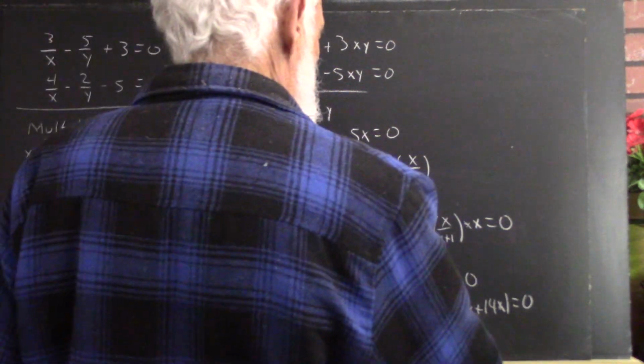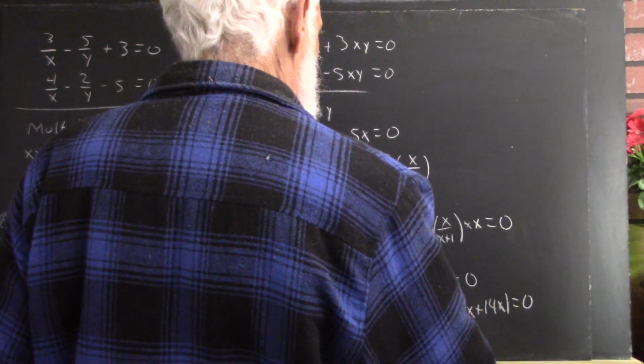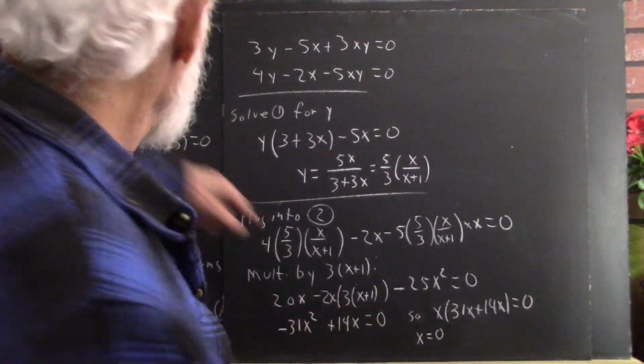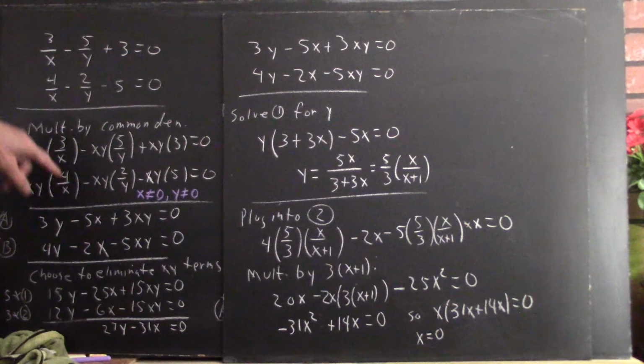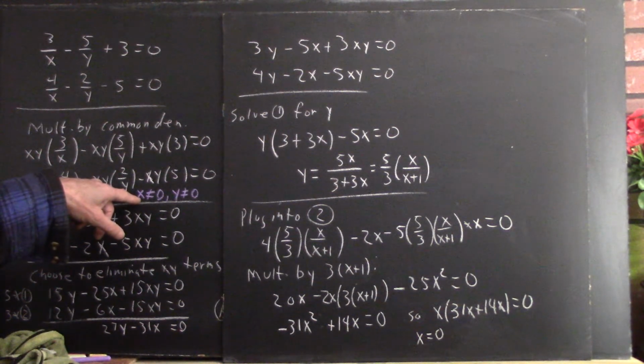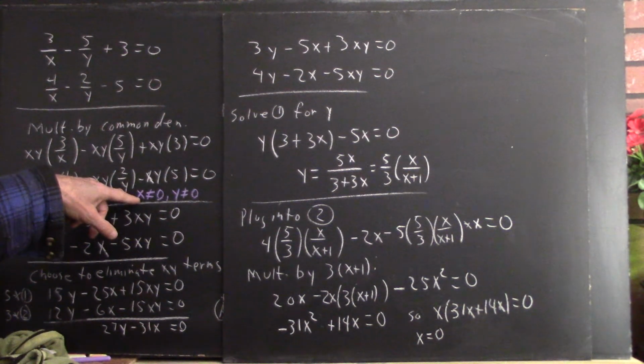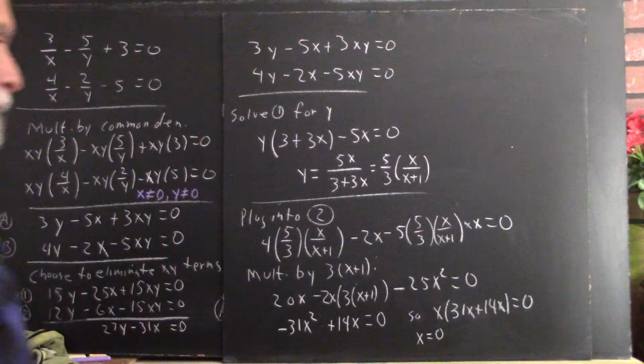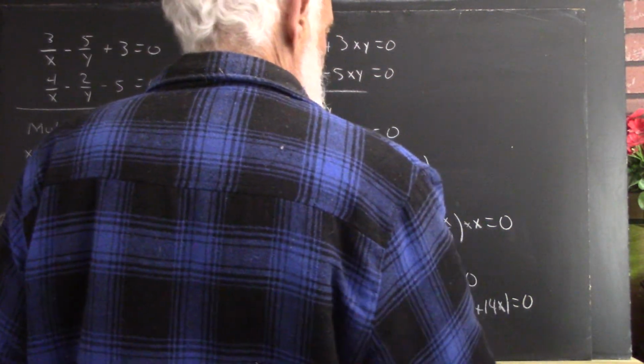But again, we get x equals 0, which we reject because it doesn't work in the equation. And when we did this, we either did or should have excluded x equals 0 and y equals 0. So we cross that out.